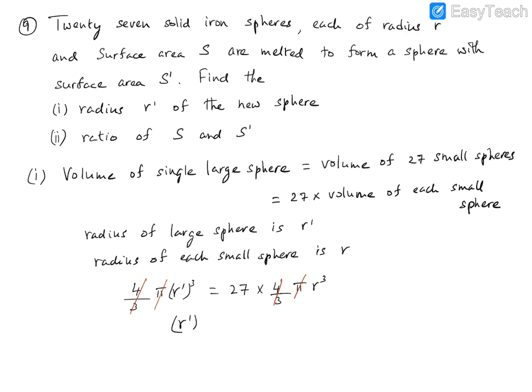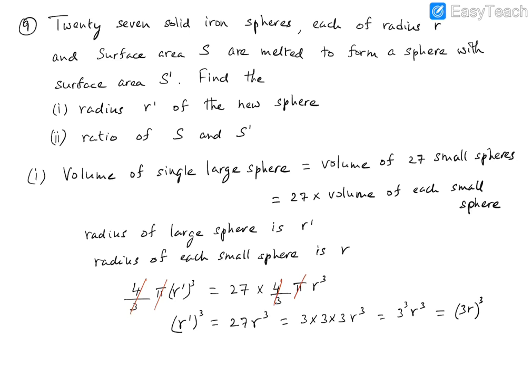But we know that 27 is 3 cube, since 3 into 3 into 3 is 27, so we can write this as 3 cube r cube, or in other words 3r the whole cube. Okay, so we're just simplifying that expression.